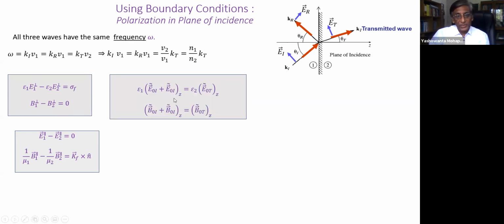If I now specifically write down epsilon 1, the fraction which is inside, this is EOI plus EOR, it must be, epsilon 2 EO2 is the Z component, simply BOI, this is BOR, this is BOT.